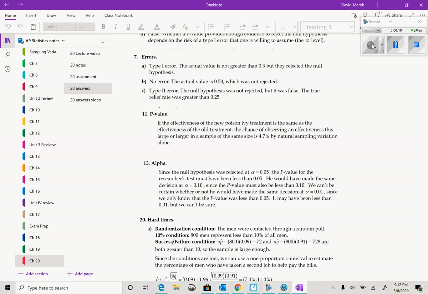That's fine. Somehow people understand percentages better. Sampling variability is going to happen only about 4.7% of the time if you take sample after sample after sample. Okay? Sampling variability is going to produce something as large or larger less than 5% of the time. Okay, so again, in context.